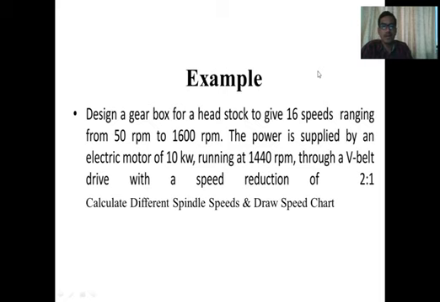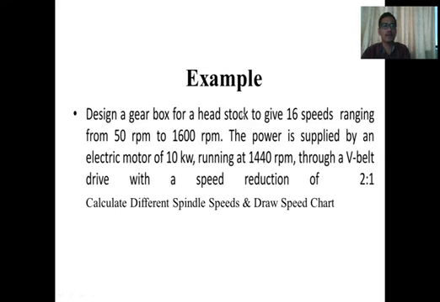The power is supplied by an electric motor of 10 kilowatt running at 1440 rpm through a V belt drive with a speed reduction of 2:1. Calculate the different spindle speeds and draw the speed chart. So using this example, we can get the different spindle speeds, and we have to draw the speed diagram for that gearbox. First, we have to write what is given in the problem statement.